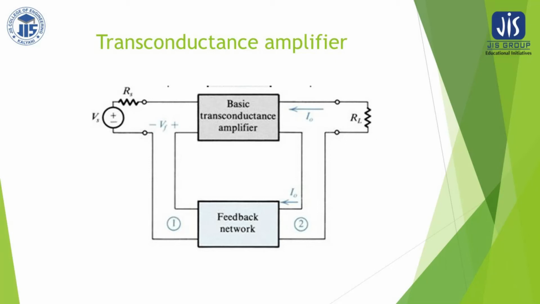Now let us find out the relation. What should be the relation between RS and RI? So here, as it is the voltage source, we need most of the voltage to be applied across the input resistance. So therefore, this RS should be as low as possible with respect to RI.